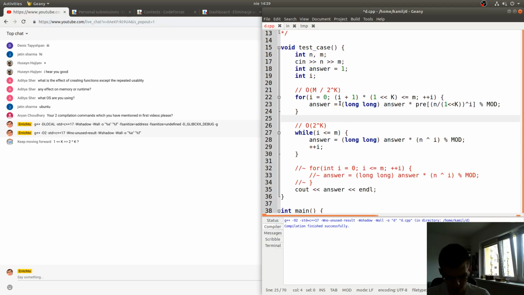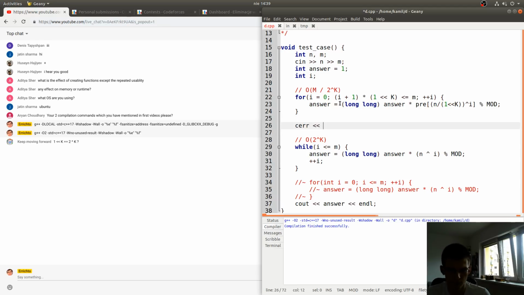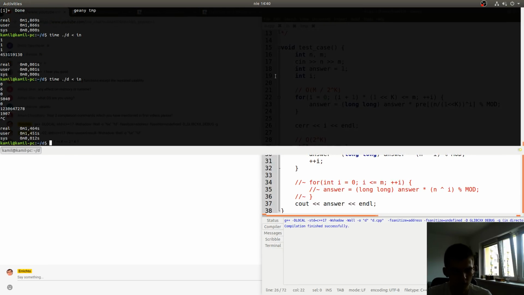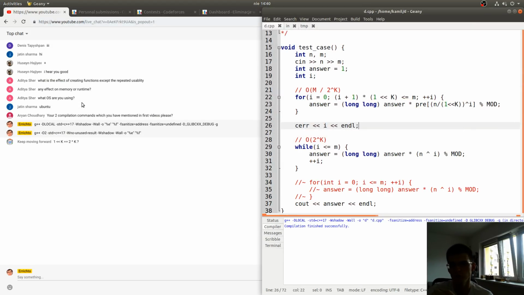What I can do is write here the value of i. The value of i turned out to be 1900, while I expected that I would jump every 1 million. So what is wrong?